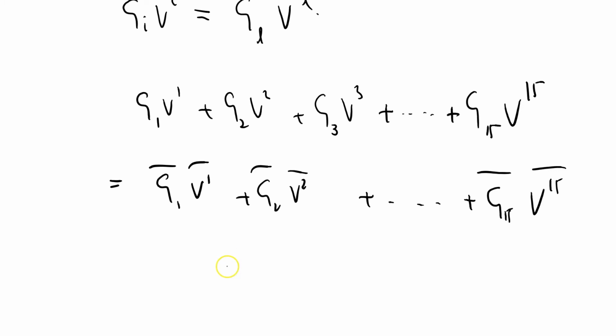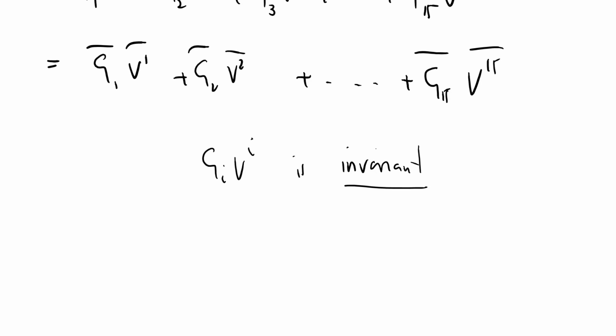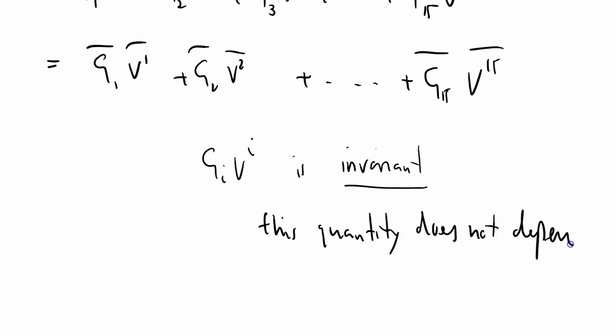So what you do is you say that GIVI is invariant. This quantity does not depend on the coordinate system used.